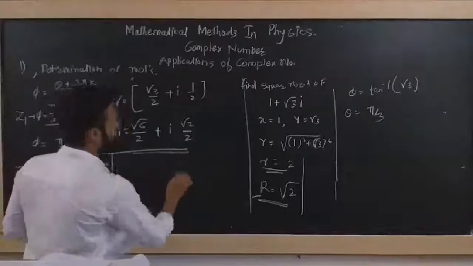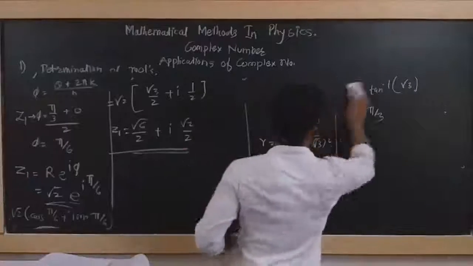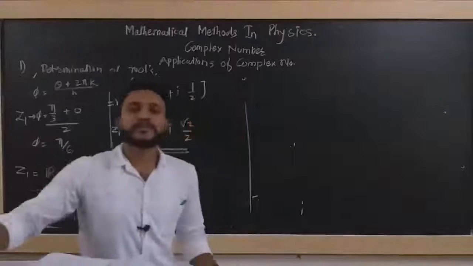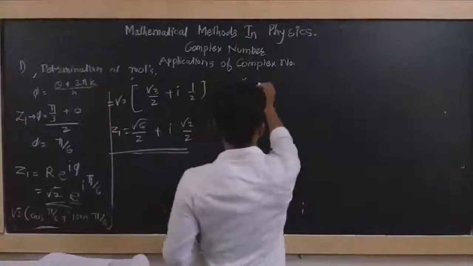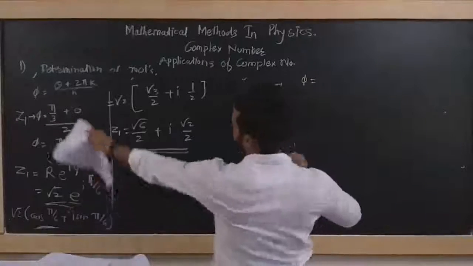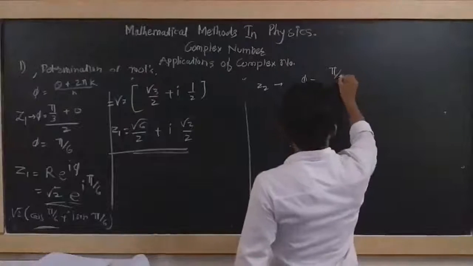Okay, very simple. Now the second root, because we want to find out the square root, two roots, right? So for the second root, phi equal to, what is the value of theta? Pi by 3.